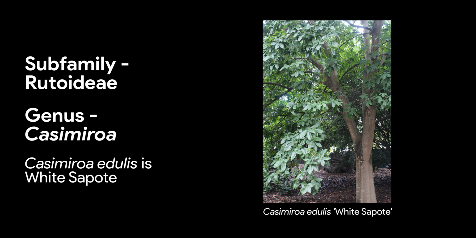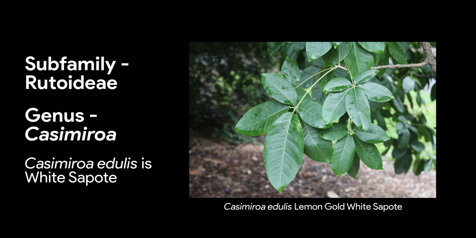Casimiroa is a genus of around 10 species native to Mexico and Central America. The species Casimiroa edulis is white sapote. It produces an edible fruit and is also used as a shade tree, an ornamental plant, and for herbal remedies and sometimes for timber.